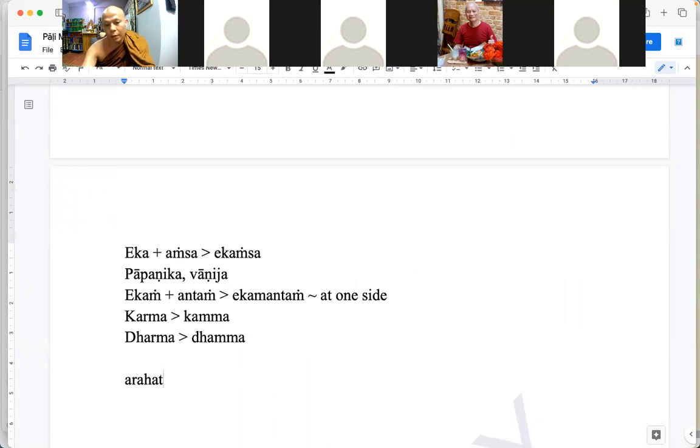So arahat or arahant, that is an adjective, worthy. That is from this one, arahant samma sambuddha. Arahant is the worthy one. So in this way, that is an adjective.